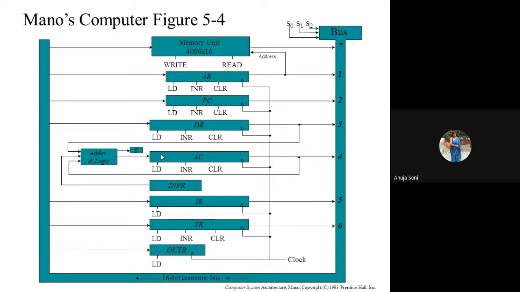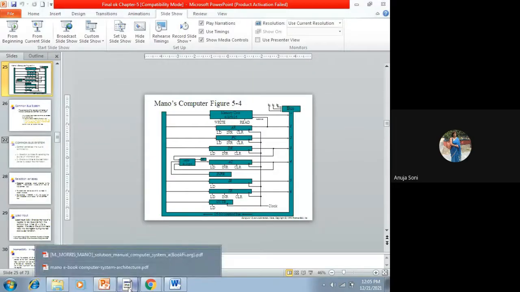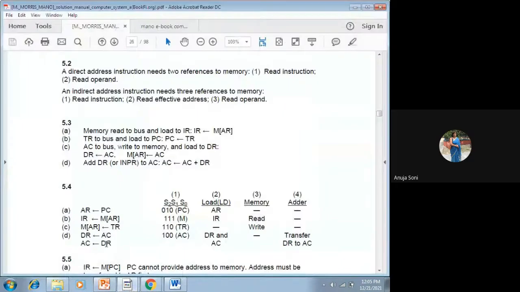So how will it happen? AC to DR. First of all, the data will go from AC to DR. By changing the value of S0, S1, S2 to 4, data will come to the common bus.